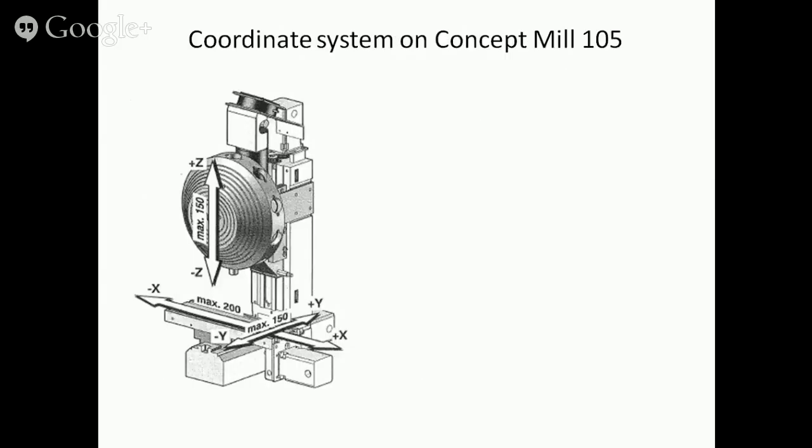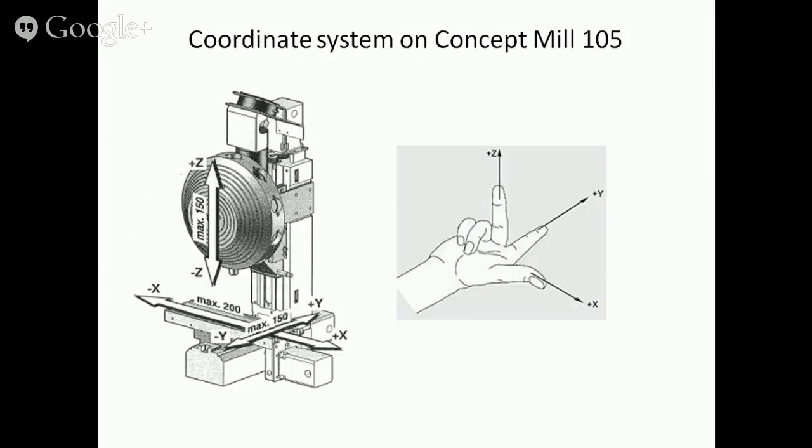To determine the coordinates of Concept Mill 105, imagine yourself staying in front of the machine. Applying the right-hand rule, X plus points to the right, Y plus away from you, and Z plus points upwards.